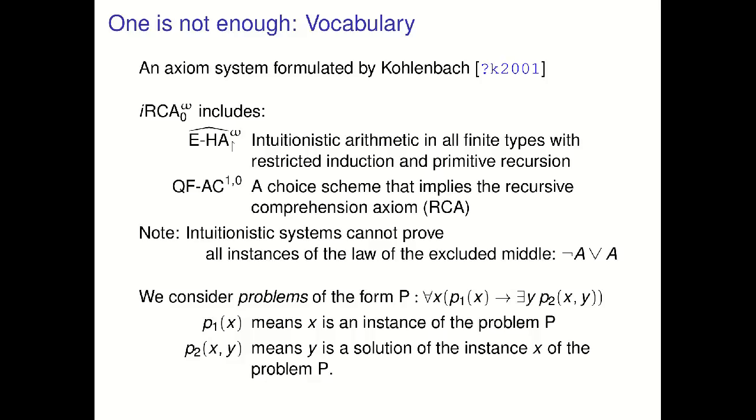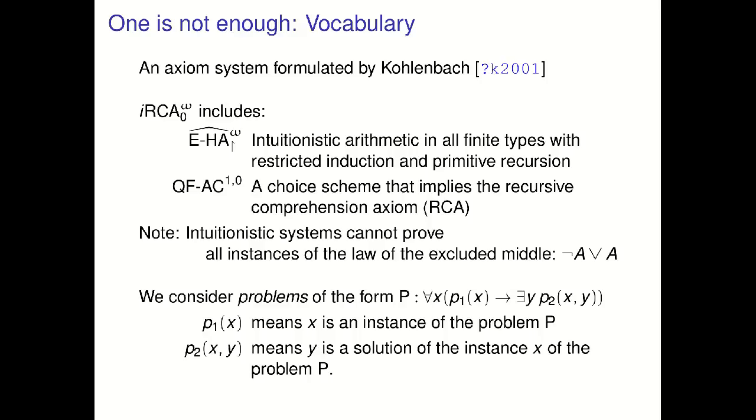And the axiom system for RCA naught omega consists of the following. Well, the first is this E-HA hat crook omega, which is actually intuitionistic arithmetic. So this is like Heyting arithmetic here. And it's in all finite types. That's what the omega is about.